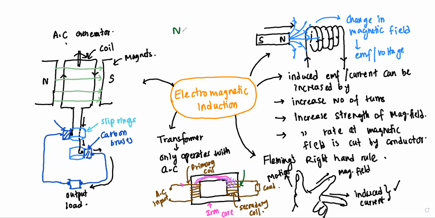We usually write this in different formats, so I will use one format like this: number of turns in the secondary coil over number of turns in the primary coil equals voltage provided to the secondary coil over voltage provided to the primary coil. This is the transformer equation.